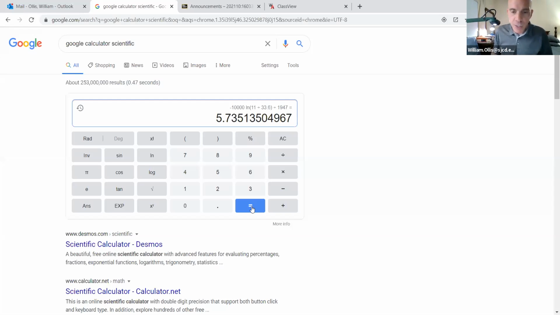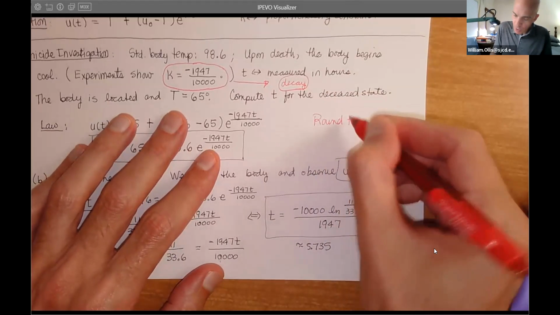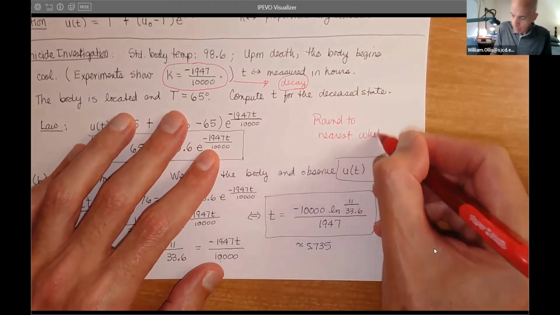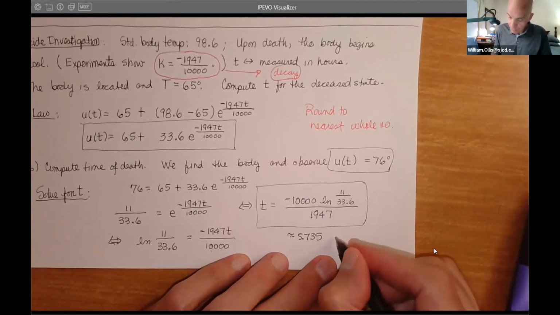And in this case, we want to round to the nearest whole number. I didn't write that down originally. So WebAssign declares round to nearest whole number. So this will give us 6 hours.